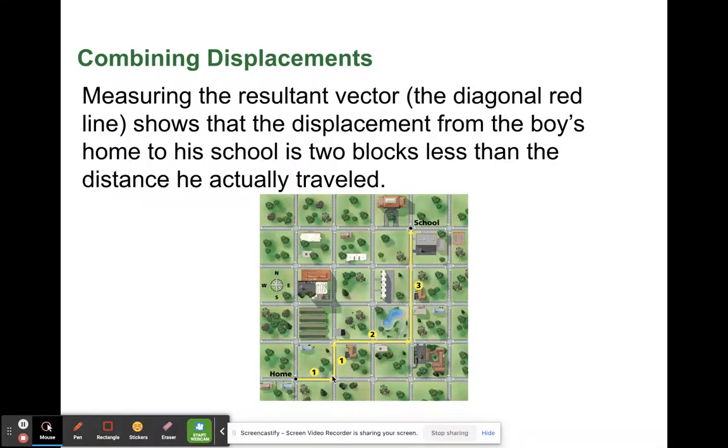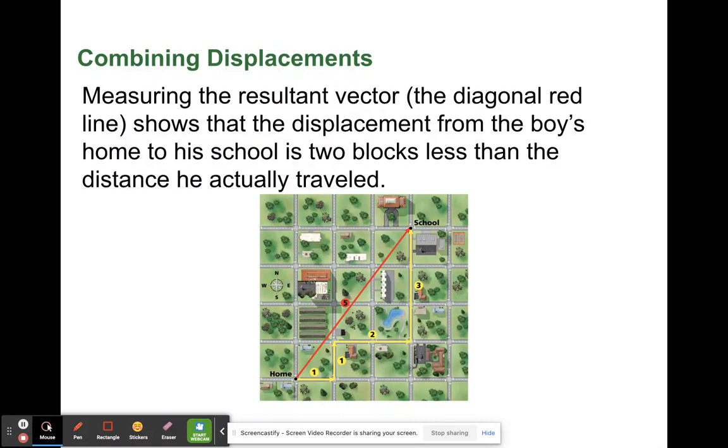He walked, I'm assuming this is a block, 1 block, 2 blocks, plus another 2 blocks, that's 4 blocks, plus 3 blocks, that's 7 blocks. That's the distance that he traveled. But the displacement is only 5 blocks because it goes from the starting point to the end point. So that's really the difference between displacement and distance.